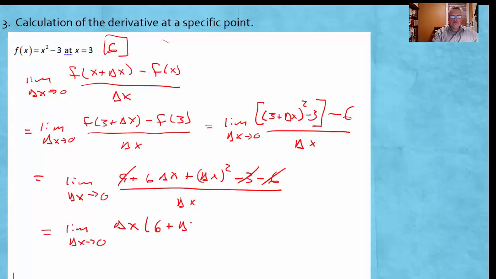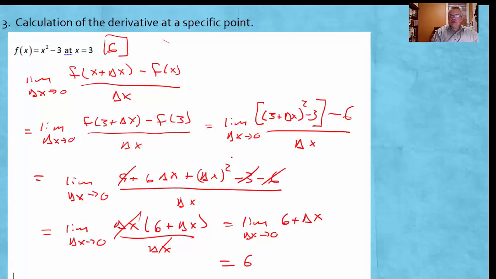We've been down this road before, so now this should be kind of looking familiar. We've done these limits. Delta x cancels, and we have the limit as delta x approaches 0 of 6 plus delta x, which is, well, delta x goes to 0. We're just left with 6, which we knew was the answer. But here we worked out the limit of the slopes of the secant lines.